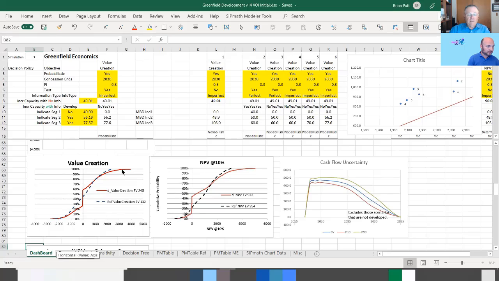And that would increase the upside. We've increased the upside because we were able to go to a larger facility. When we saw that there was a big upside, because in our reference case we were at 49, even in our imperfect information, when we see the big side, it's 77. That gives us the upside here.